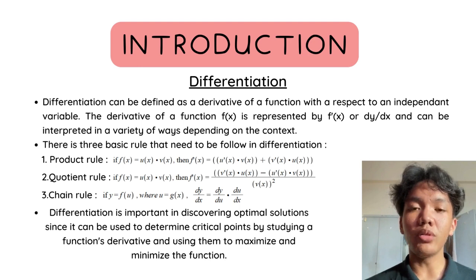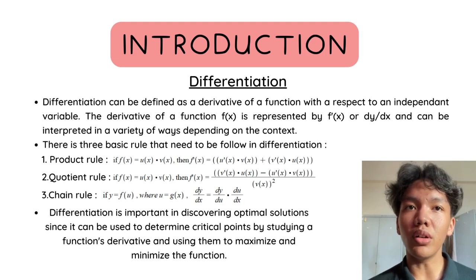Next, I'm going to introduce a bit about differentiation. Differentiation can be defined as the derivative of a function with respect to an independent variable. The derivative of a function f(x) is represented by f prime x or dy/dx and can be interpreted in a variety of ways depending on the context.